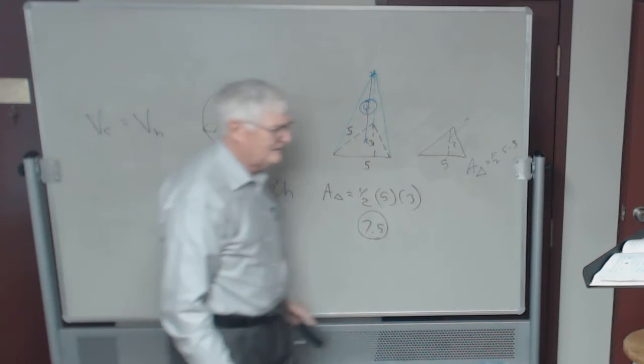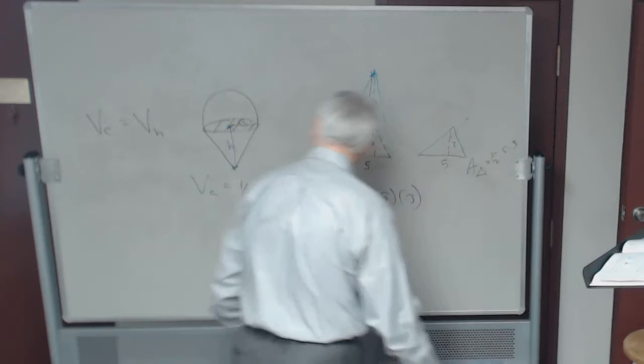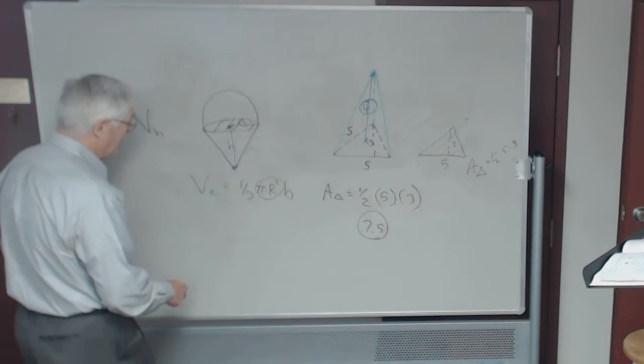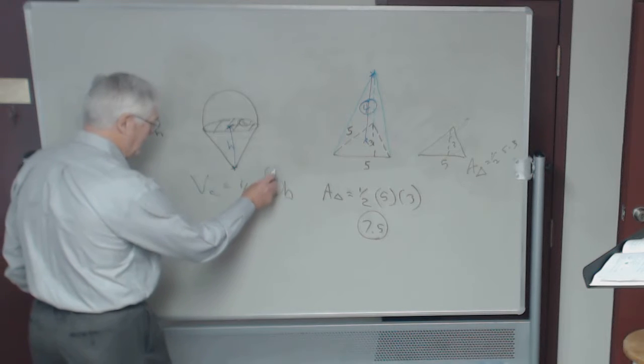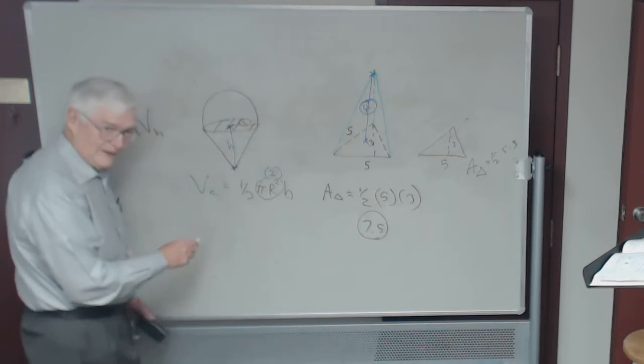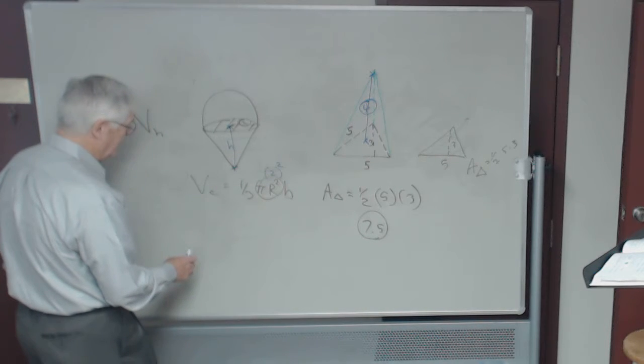Does it tell you what the height is? That's what we're solving for. No. So, I leave h in there. And what's r? 2. Right? So 2 squared is what? 4.